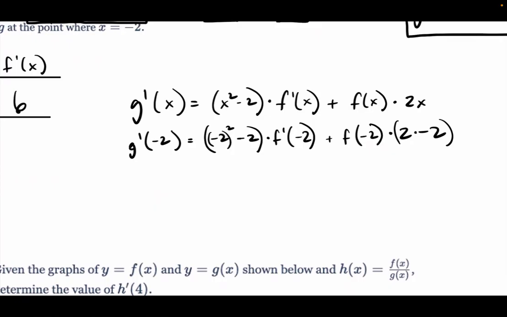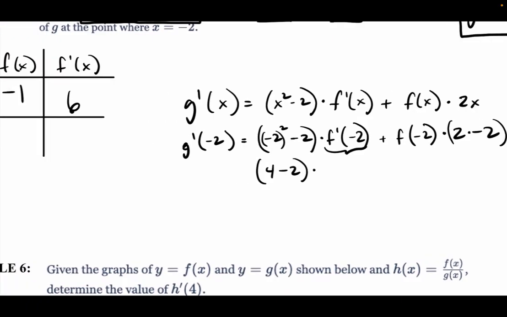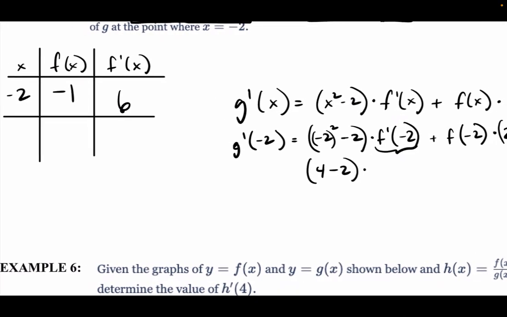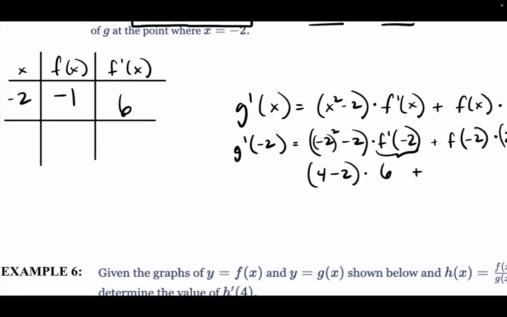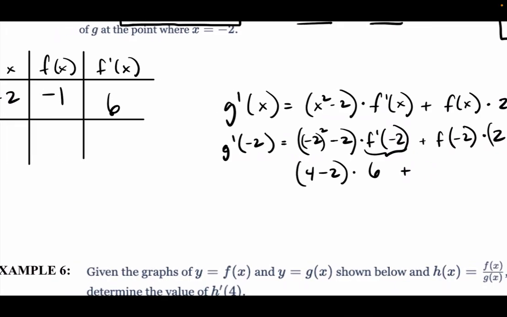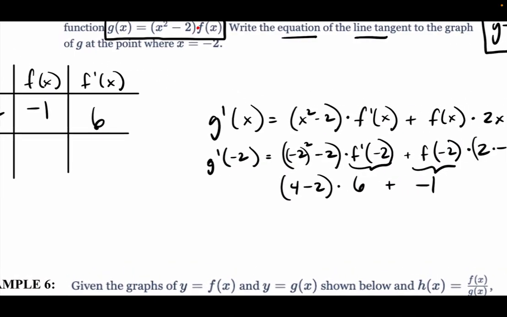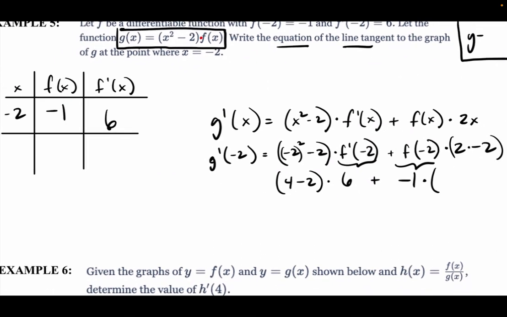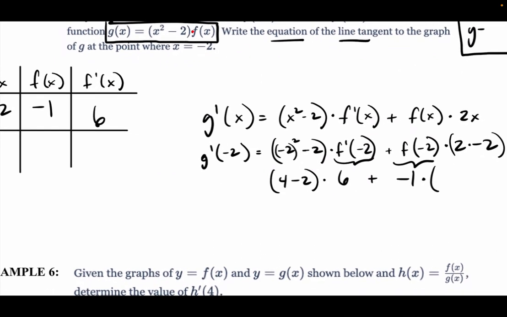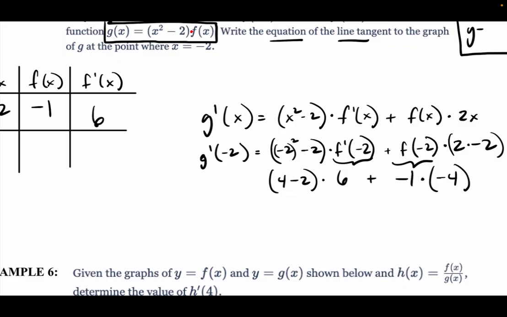Negative 2 squared is 4. 4 minus 2 times f prime of negative 2, which is positive 6, plus f of negative 2, which is negative 1, times 2 times negative 2, negative 4.